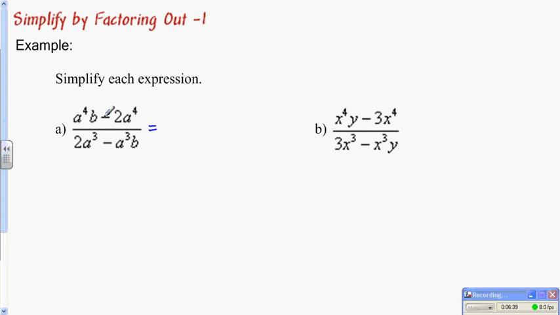A to the 4th, b minus 2a to the 4th. Well, they both have a to the 4th. Factor that out and we get b minus 2. Try the bottom. They both have a to the 3rd. So we have 2 minus b.